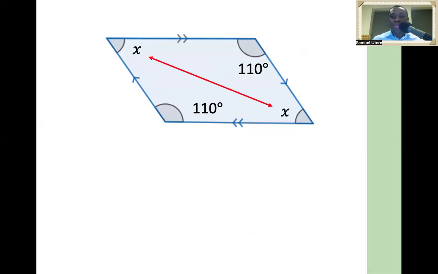So we have enough information now to form our equation. So we're going to put our equation solving skill to good use. Now, remember the fact that the sum of angles in a quadrilateral is 360 degrees. So we can begin to write this.